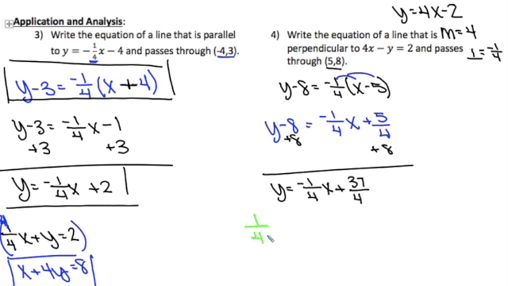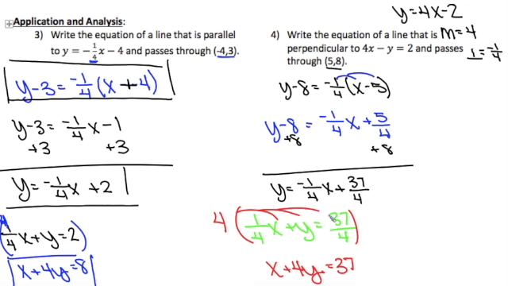So I have 1/4 x plus y is equal to 37 over 4. But this has to be a positive whole number, so that means I need to multiply everything by 4, which leaves me with x plus 4y is equal to 37, because the 4 is going to cancel out here.